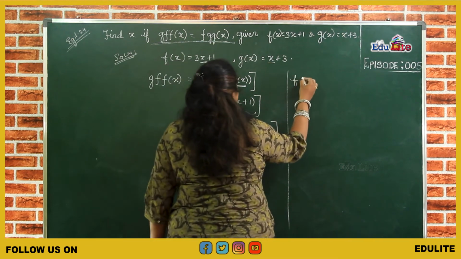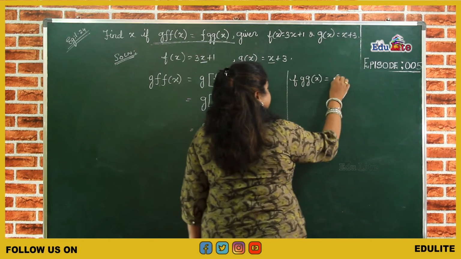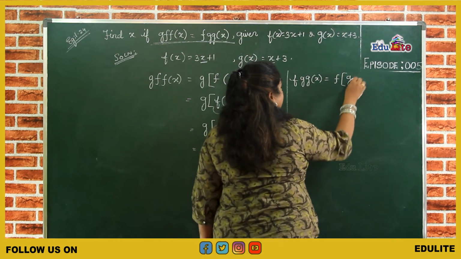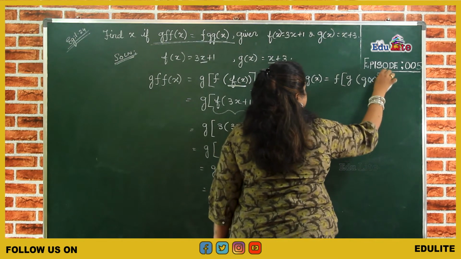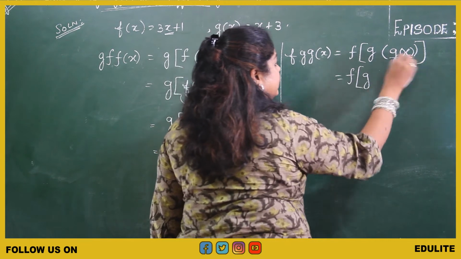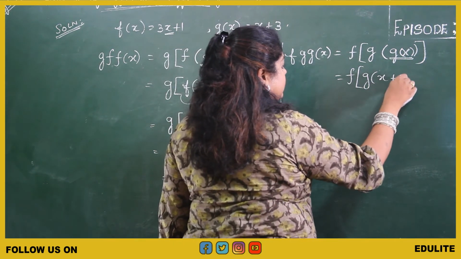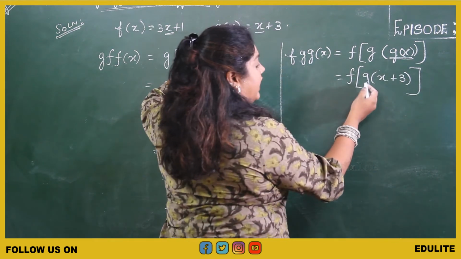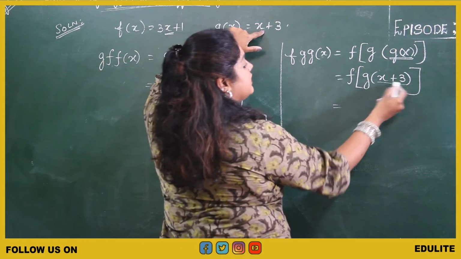So, f g of x can be written as f of g of x. In a similar way, first we have to complete this portion. G of x is given as x plus 3 and again it is g of x. Therefore, in place of x we have to substitute x plus 3.